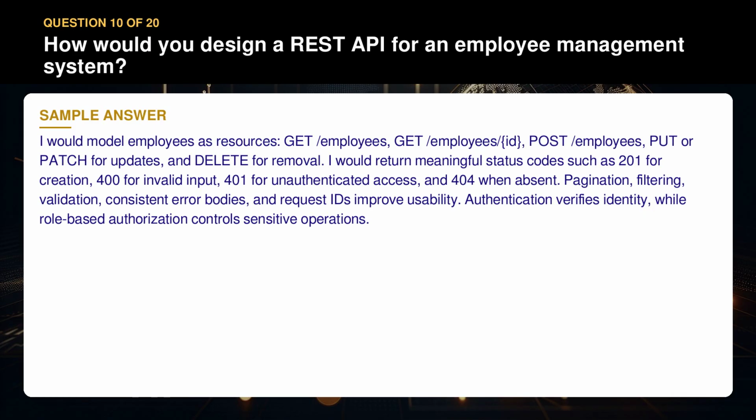I would return meaningful status codes such as 201 for creation, 400 for invalid input, 401 for unauthenticated access, and 404 when absent. Pagination, filtering, validation, consistent error bodies, and request IDs improve usability. Authentication verifies identity, while role-based authorization controls sensitive operations.